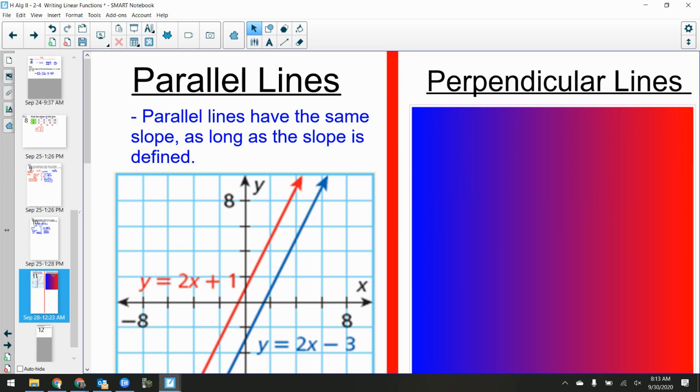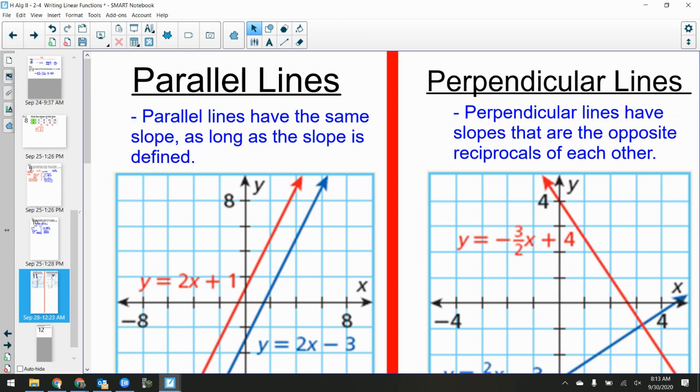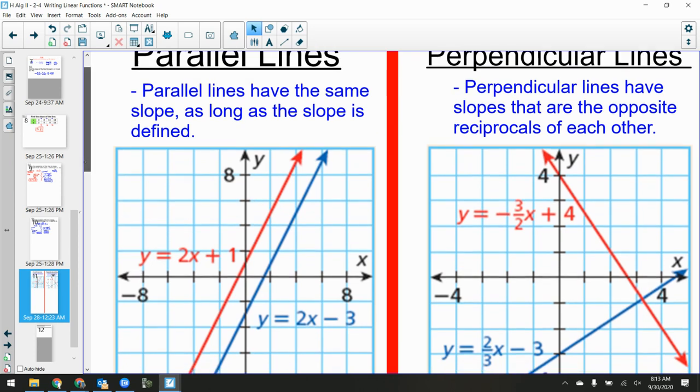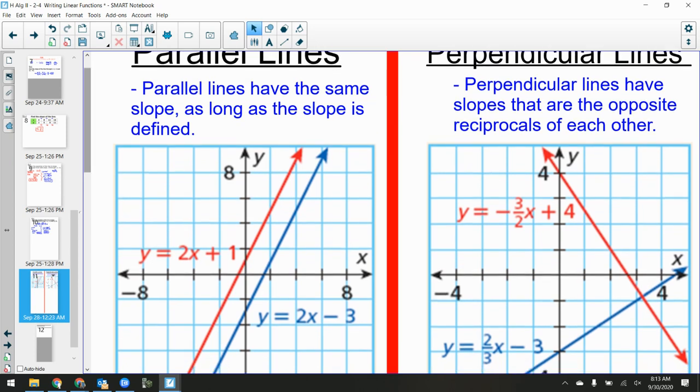Now, does anybody remember the rule for perpendicular lines? Opposite reciprocal. Perpendicular lines have slopes that are opposite reciprocals of one another. The book says, as long as the slopes' product is -1. Really? Just say opposite reciprocal. Because if you take 2 opposite reciprocals, one positive, one negative, obviously they come out negative.